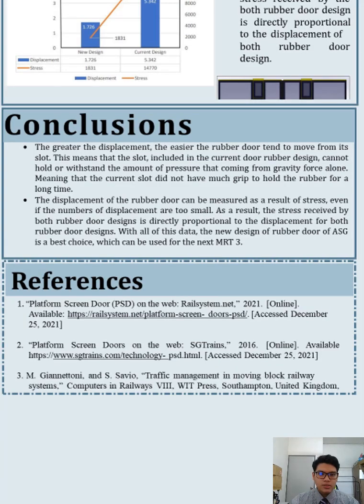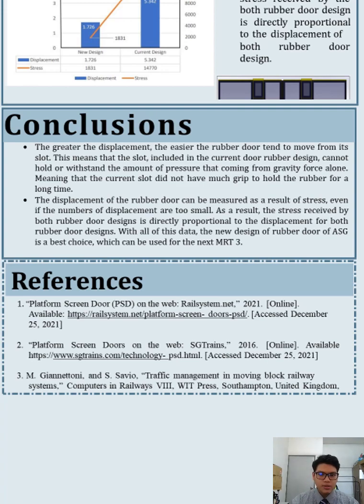The conclusion is that the greater the displacement, the easier the rubber door tends to move from its slot. This means that the slot included in the current door rubber design cannot withstand the amount of pressure coming from the gravity force alone, meaning that the current slot did not have much grip to hold the rubber door for a long time, unlike the new design.